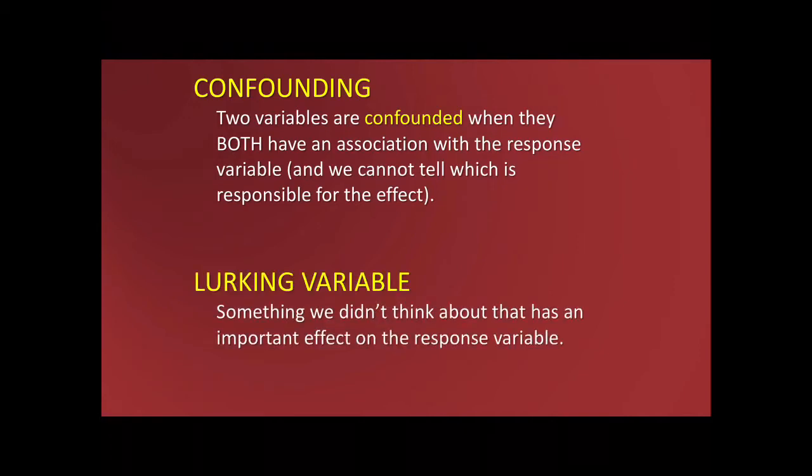And a lurking variable is something that the researcher doesn't think about, finishes up the study, writes the report, publishes it, but maybe readers of the research or even the researchers themselves think about it after the fact, like, oh crap, maybe that actually made the results happen and not the treatment we thought would. So it's kind of lurking because they don't think about it at the time. It's not something they're aware of.